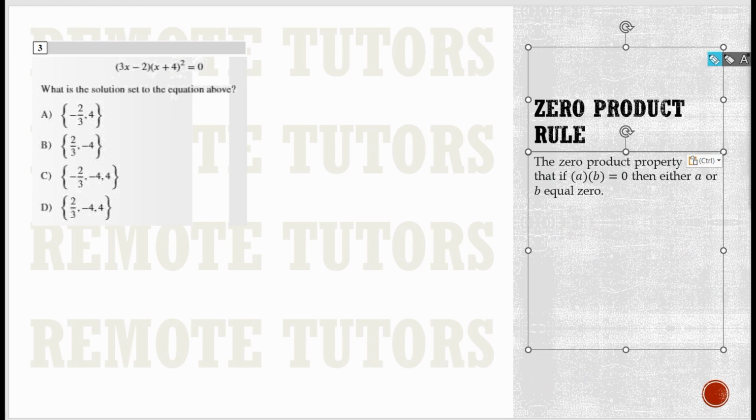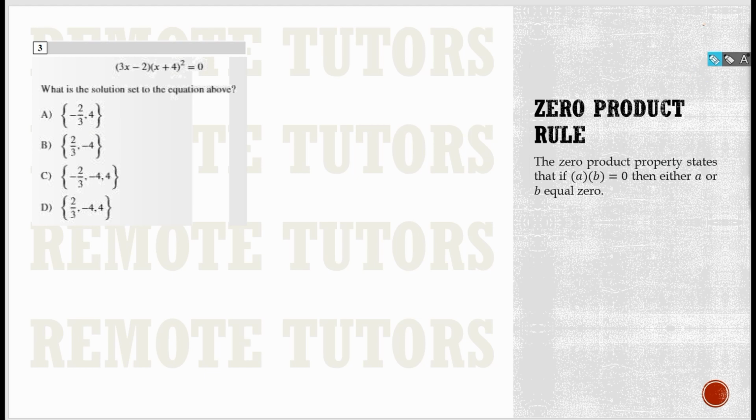Okay, now let's see this third example. What is the solution set to the equation above? So again, we have to apply the zero product rule. So either 3x minus 2 gives 0 or x plus 4 to the power of 2 gives 0. 3x equals 2, and then we divide by 3, so one of the values of x should be 2/3.